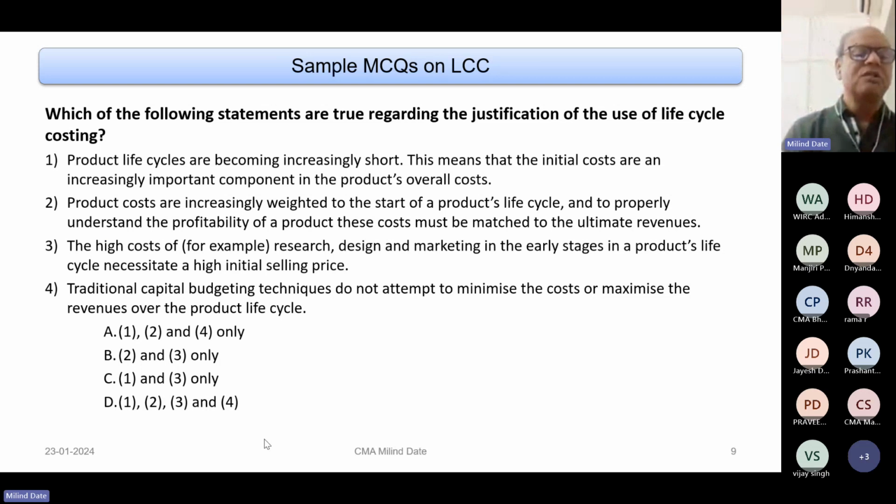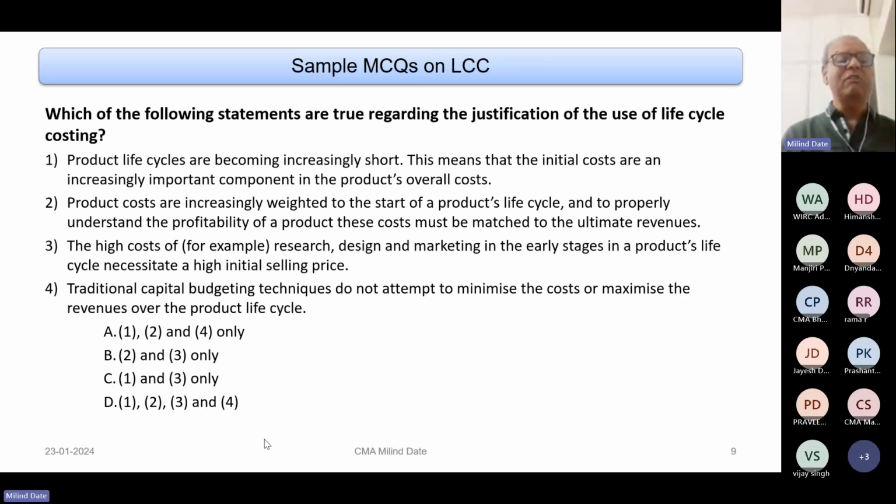Now, the first sentence says that product life cycles are becoming increasingly short, which is true, of course. This means that initial costs are an increasingly important component in the product's overall costs. Is that true? You will have to judge.